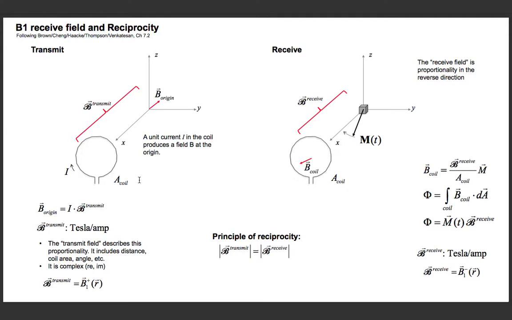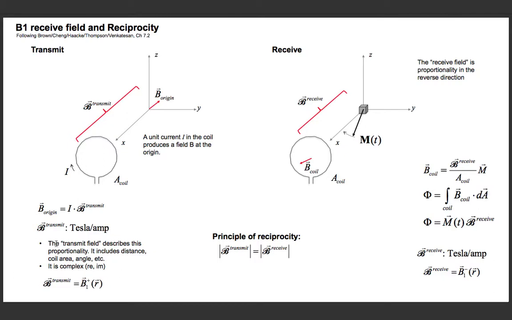And it is a complex value, so it also incorporates real and imaginary components. The B field might not be exactly the direction you'd expect it to be. And it incorporates the rotation: if this is not perpendicular to the x-axis, then the field will be a little less at the origin. So all those complicated things are wrapped up in this beta transmit, and it has these units.